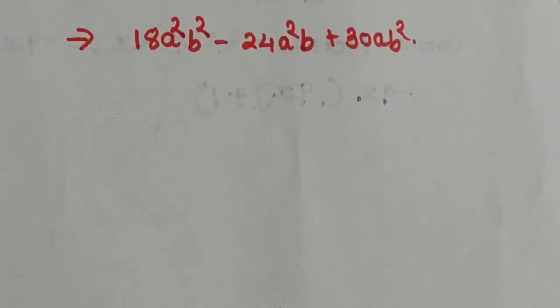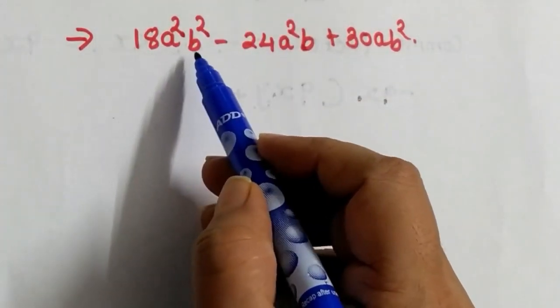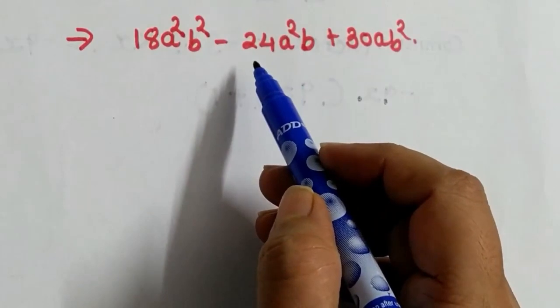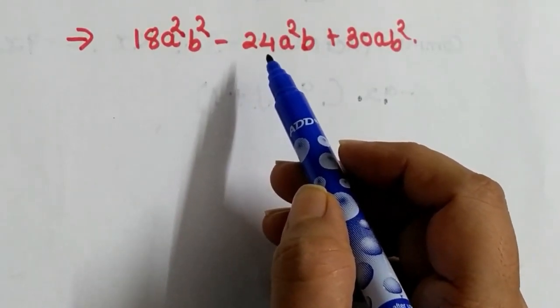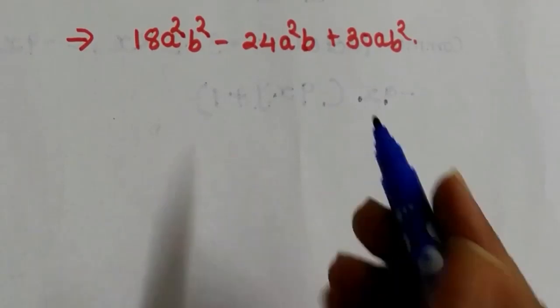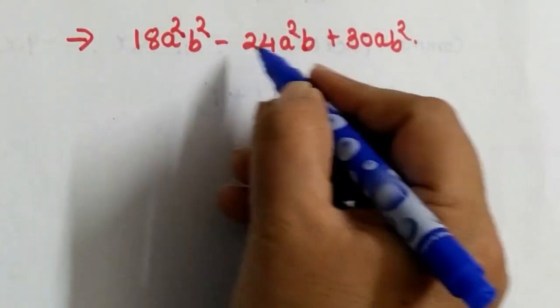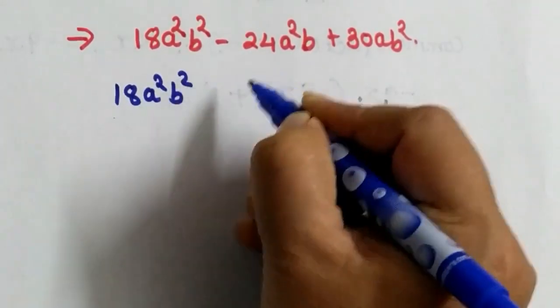Let's take one more example. Here we can see 18a square b square minus 24a square b plus 30ab square. So what we will do first, we will write the prime factors of each term individually. So here we will take first 18a square b square.